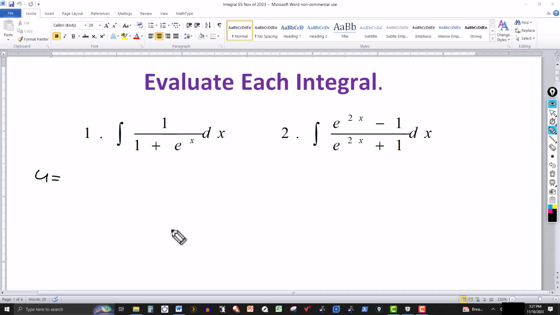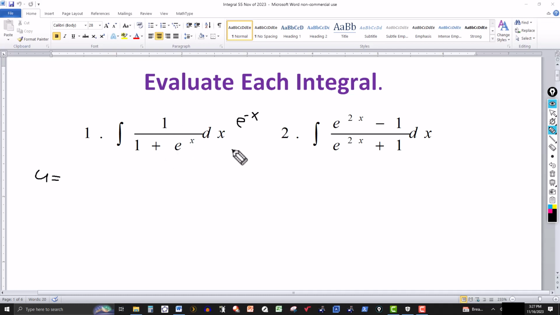Now sometimes you might have to multiply the numerator and denominator by something. Sometimes it could be the conjugate of the denominator, especially if it involves a radical expression. Now in this case, I'm going to multiply the numerator and the denominator by e to the minus x, because notice here, if I let u equal 1 plus e to the x, the derivative doesn't give me something I can replace in the numerator.